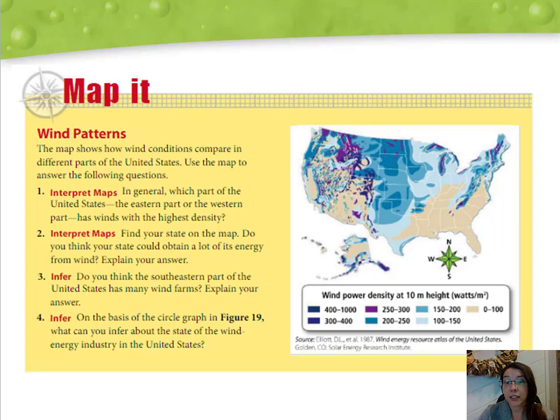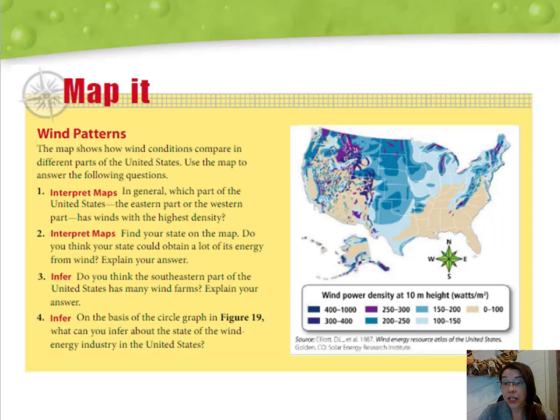So if we're looking at the colors in our map, our beige color is going to be less wind power density, right? So less wind available, generating less wind power. That light blue, as we move to the center of the U.S. or north on the East Coast, shows us an increase in wind power.